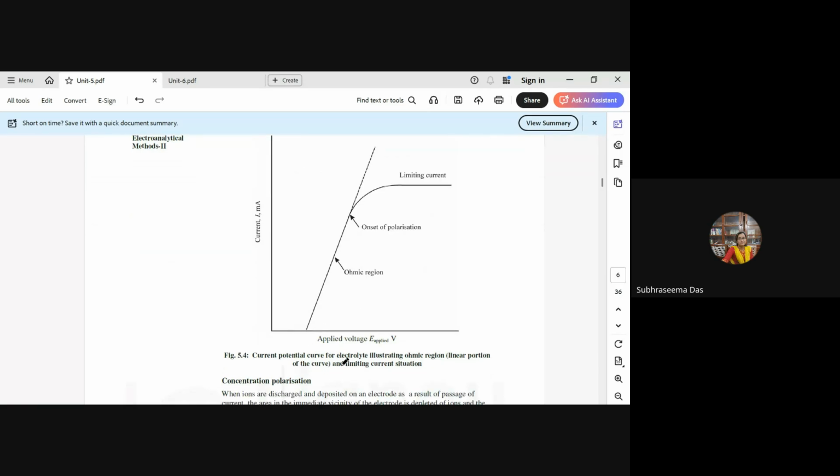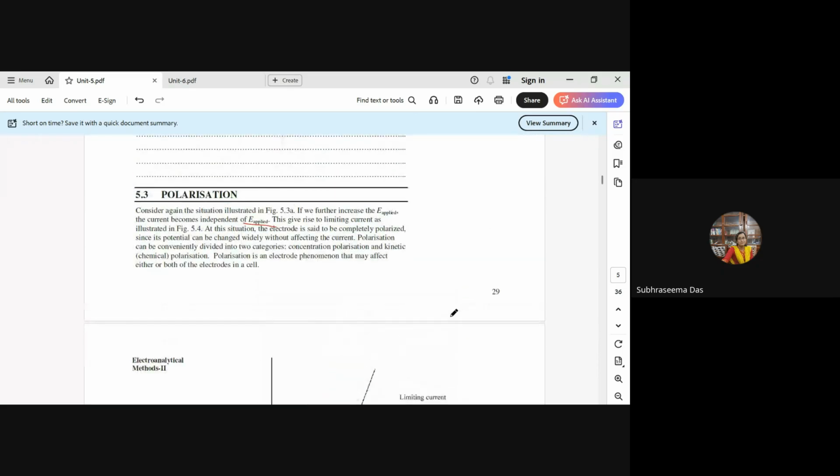Figure 5.4 is the current-potential curve for an electrolyte illustrating the ohmic region and limiting current. As we keep on increasing the voltage, the current increases linearly, then at a point it undergoes limitation. The point where the limitation or saturation starts is called the onset of polarization.